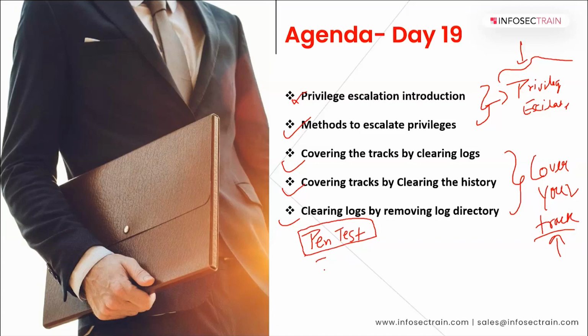Then we talked about how to do the scanning. Yesterday we dealt with enumeration, how to enumerate, and then using the exploit and getting access to your system. So in this whole series, we have done the exploit, and then there will be something called privilege escalation.